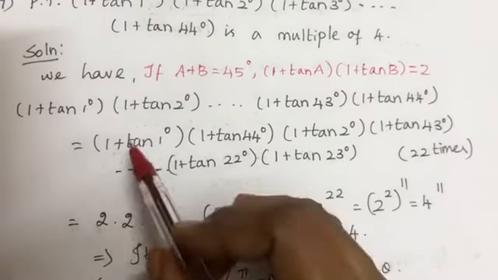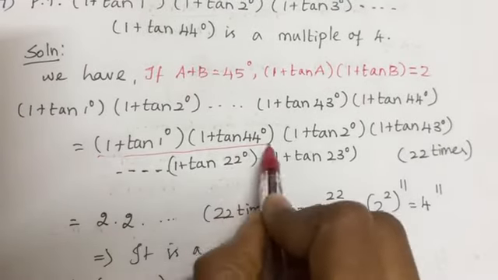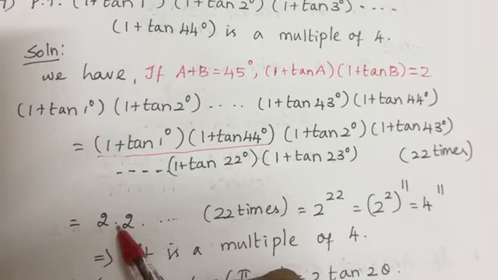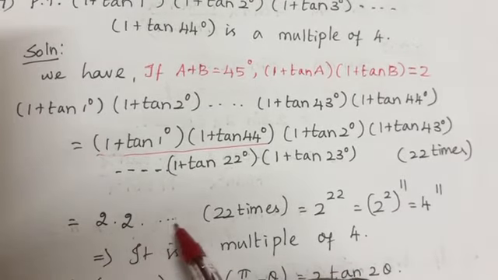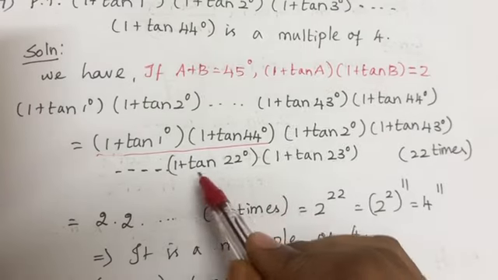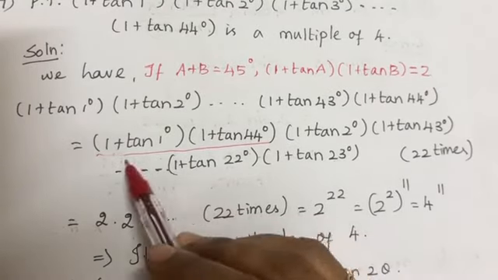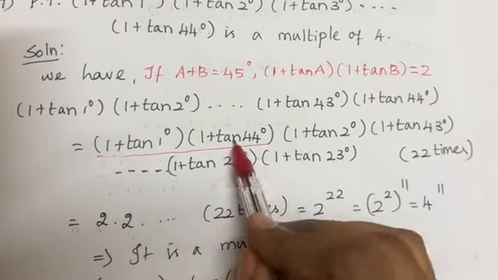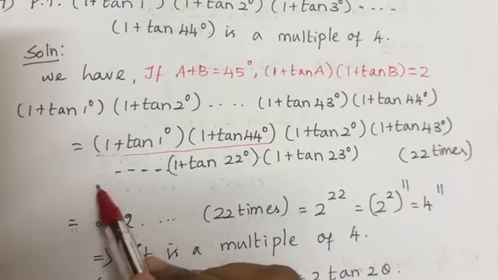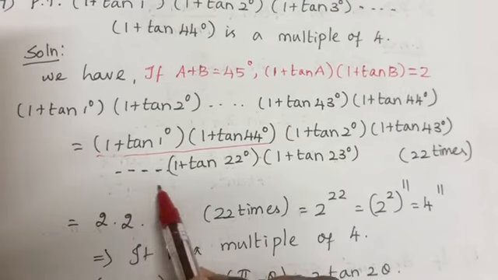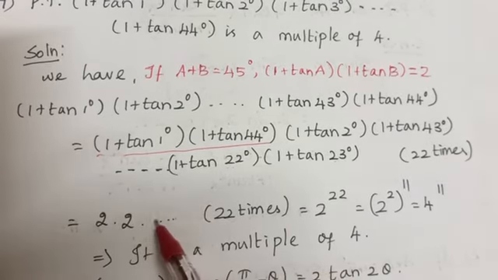Now, value of this is equal to 2, value of this also is equal to 2, and so on, up to 22 pairs. So, value of this is 2 and this one is also 2. What will be the next expression? 1 plus tan 3 degree into 1 plus tan 42 degree, and its value is 2.